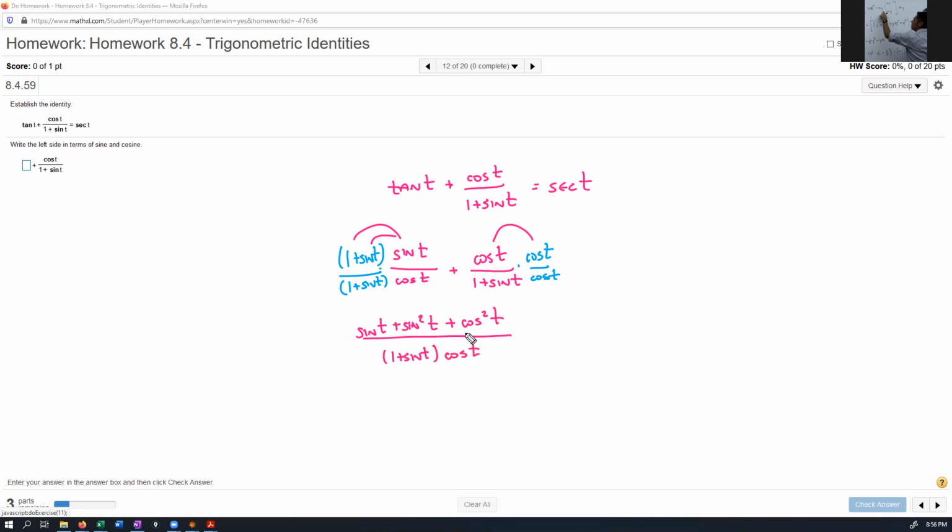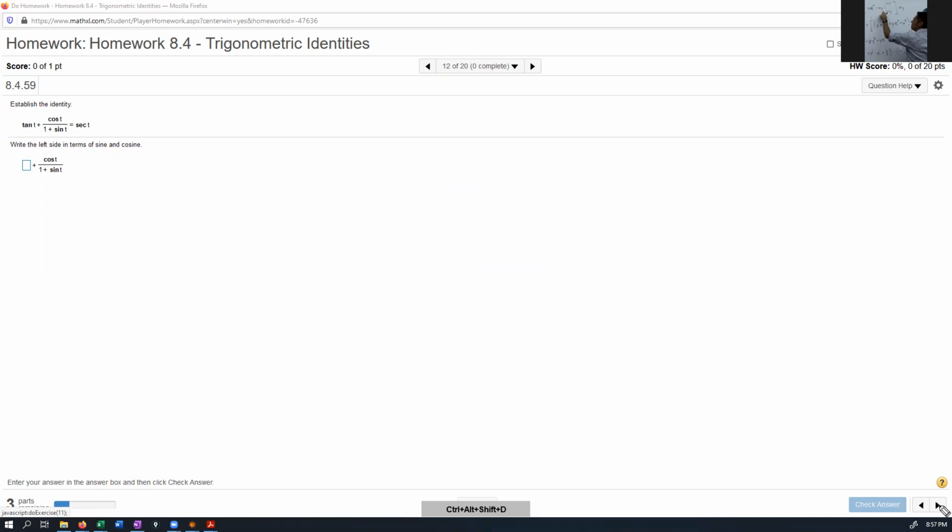Let's not put those together, because these two is a Pythagorean identity, that's just plus 1. So the top is sine t plus 1 over the factor 1 plus sine t cosine t. And these cancel out, we get 1 over cosine t, which is the right-hand side. All right, good.